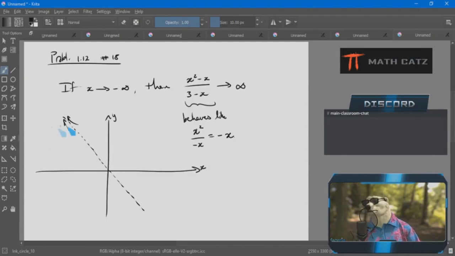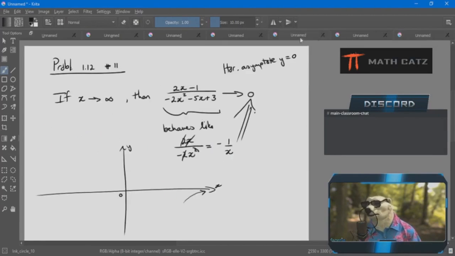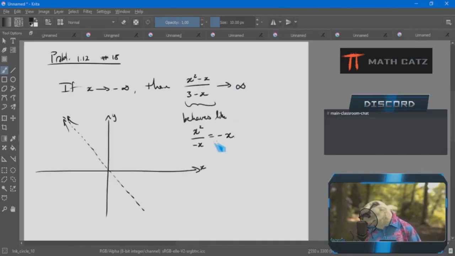Only eventually, though. Only eventually. In this case, the behavior was the same as this rational function, which when I flip it sits over here, right? So they sort of try and meet each other eventually. But when it's a constant, we call the horizontal level that it's approaching the asymptote.